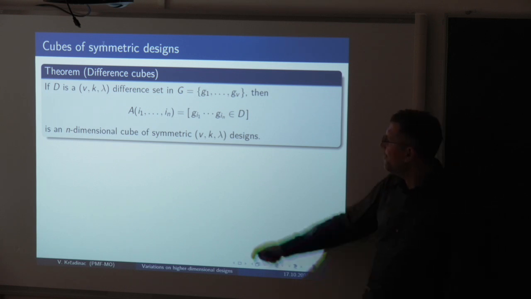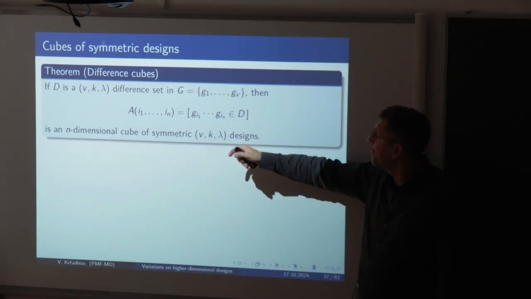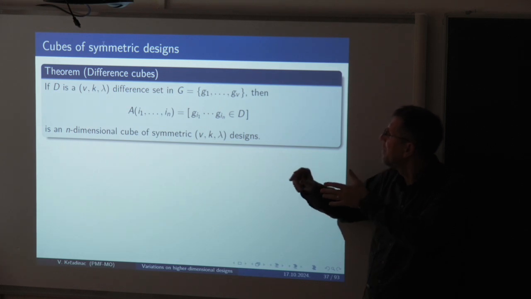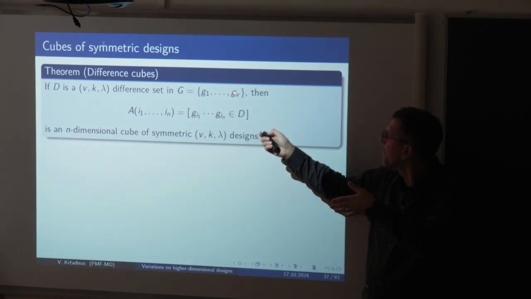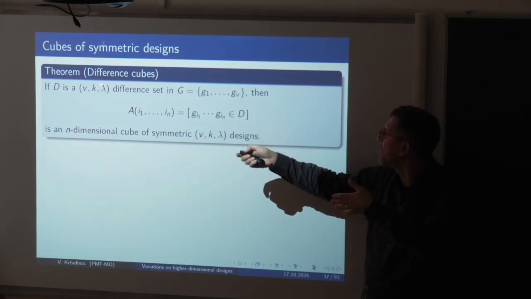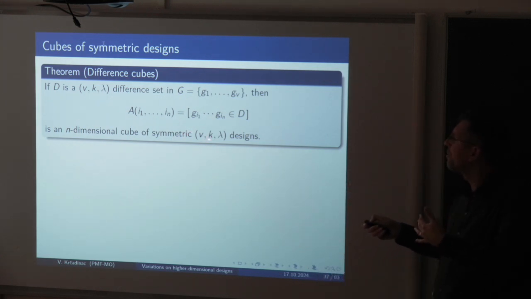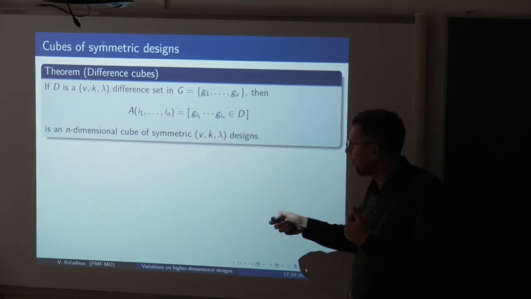Whenever you have a difference set, so if you have this nice small object, a K-element subset of a group of order V with this property, you can actually build an n-dimensional cube of symmetric designs for any dimension.